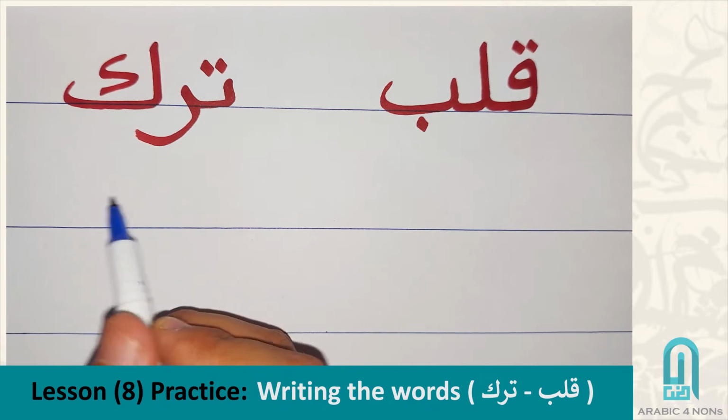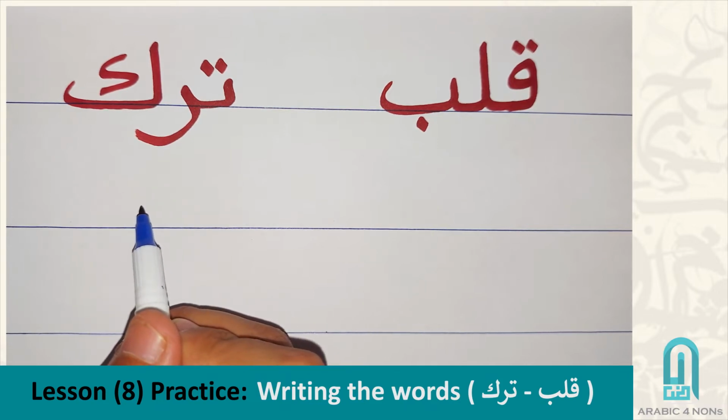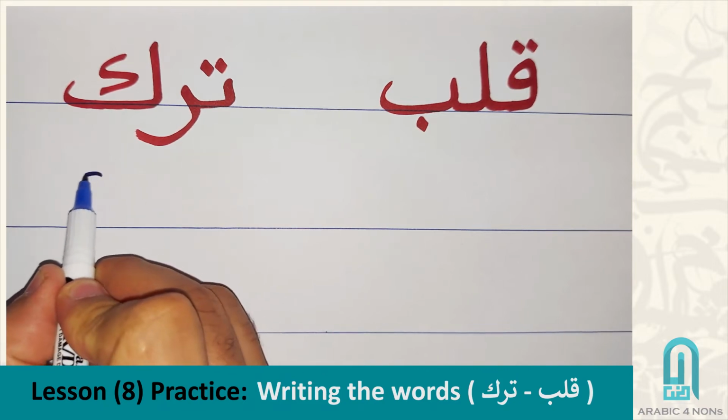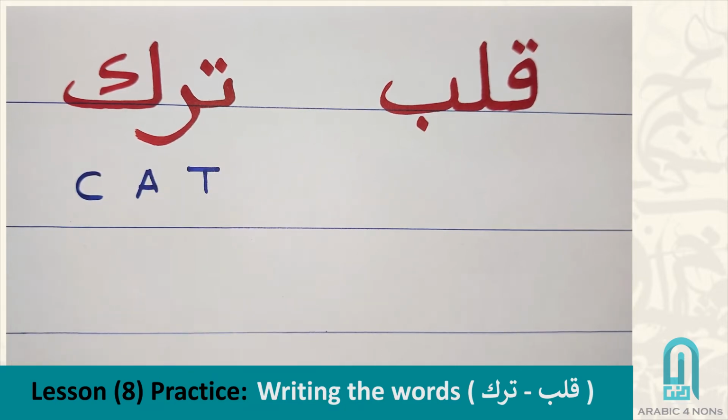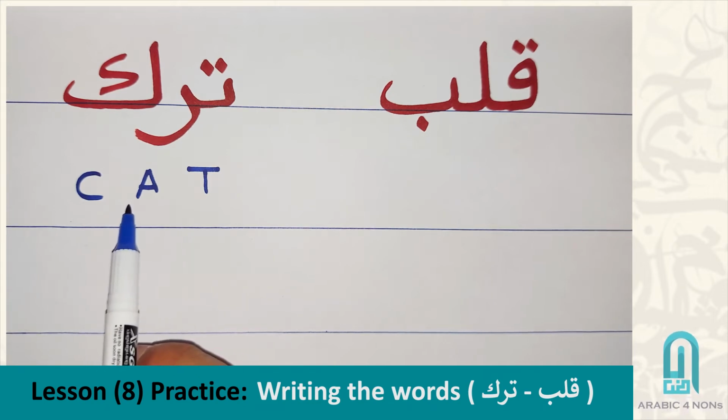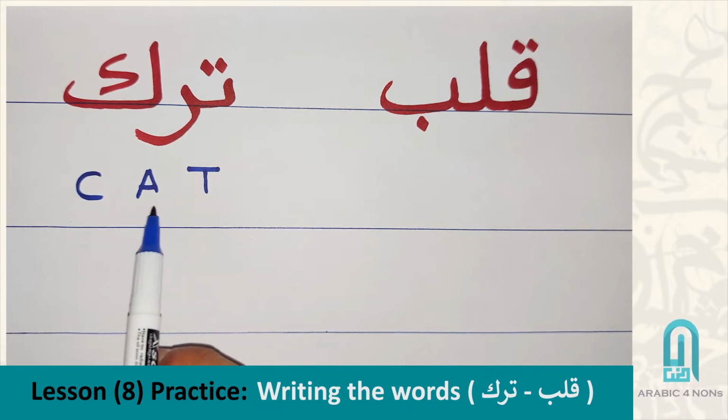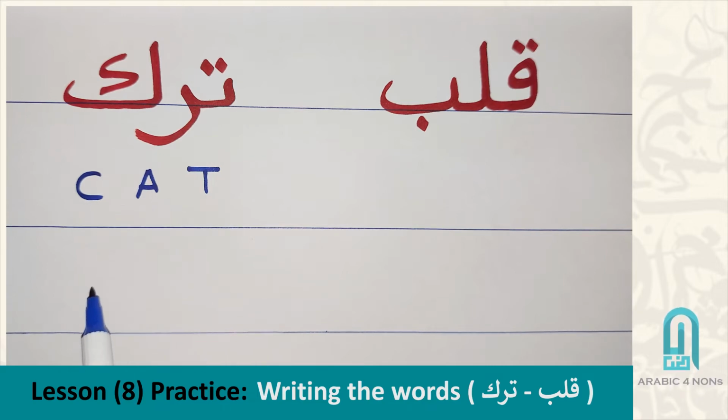When we write English, let's say the word cat, which contains the letters C, A, and T, the process is very simple. I will only put these letters in the correct order and leave gaps in between.